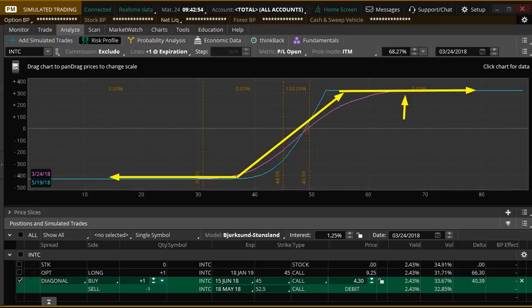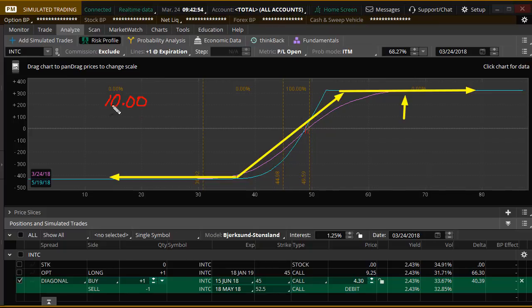Think about this for a second when you're thinking about these kinds of trades. Let's say we put on a trade and the original long position costs us $10. And we sell a short-term option against that.